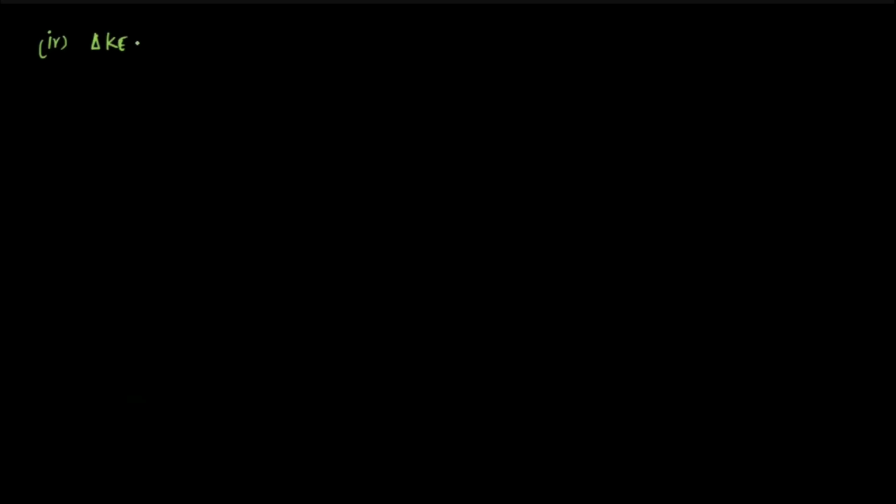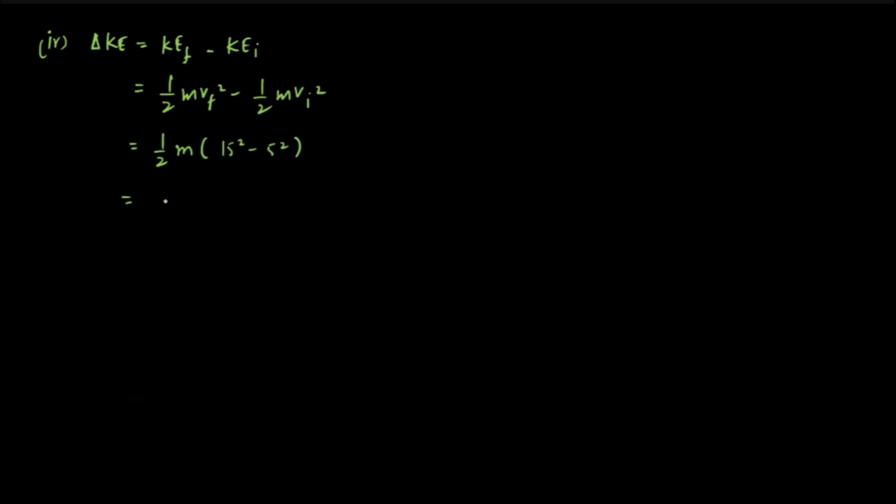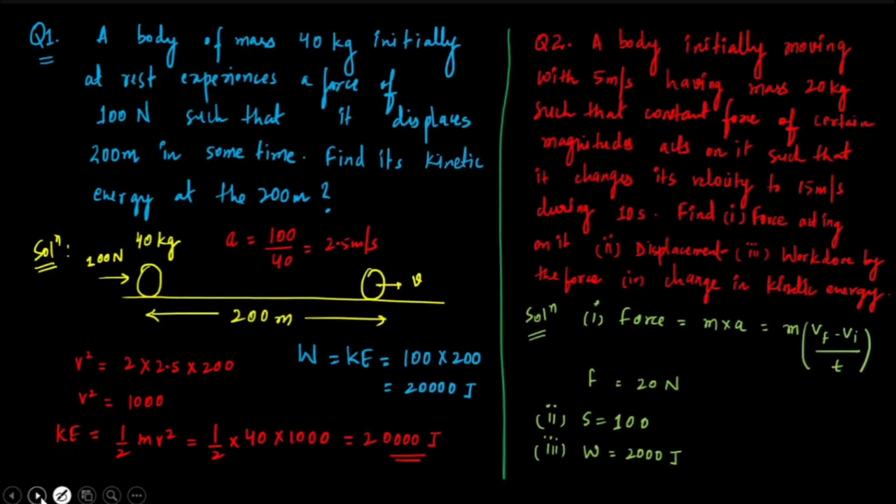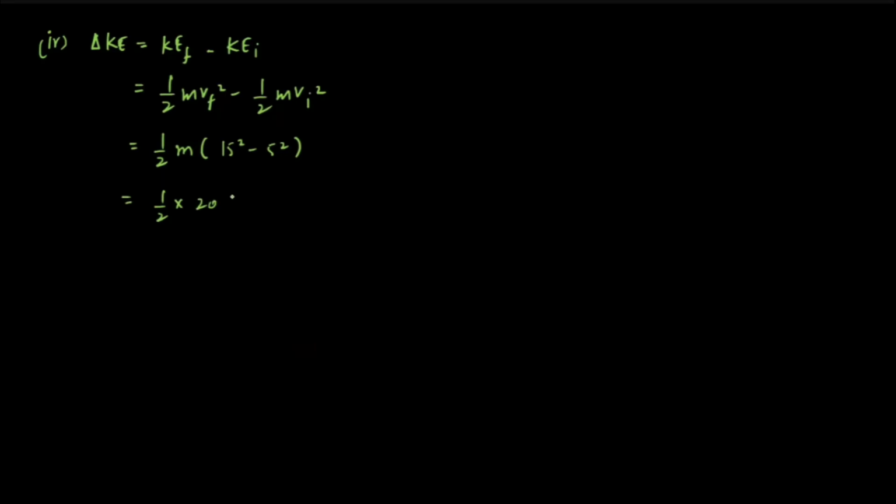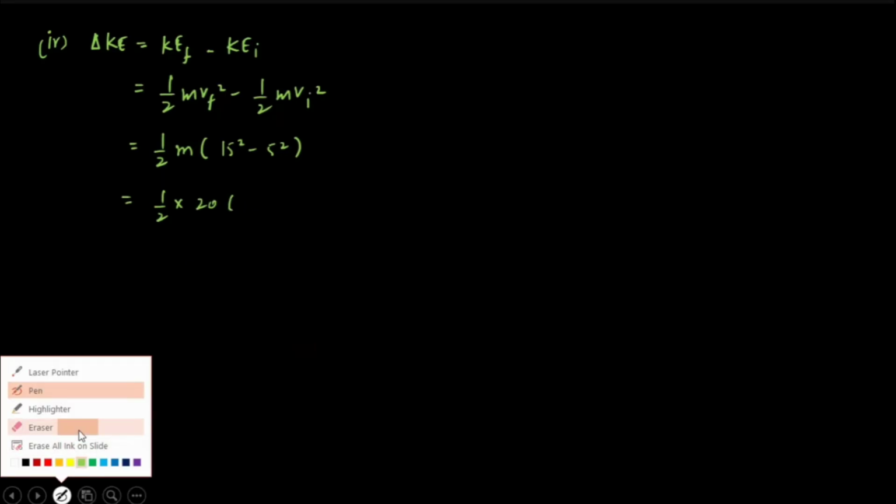So change in kinetic energy is simply final kinetic energy minus initial kinetic energy. Final is going to be half m v final square minus half m v initial square. It is equal to half m common, and v final square is 15 square minus 5 square, and mass is given as 20 kgs. So it is going to be 225 minus 25.